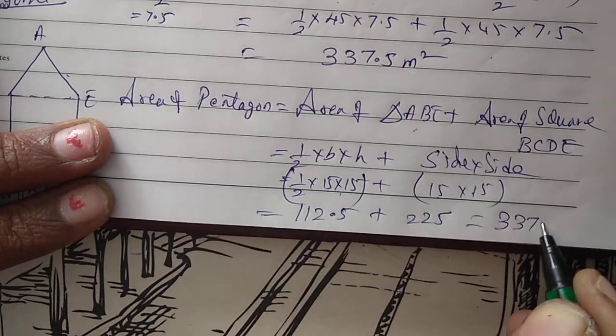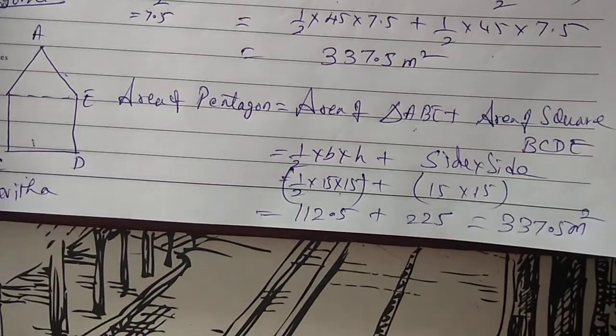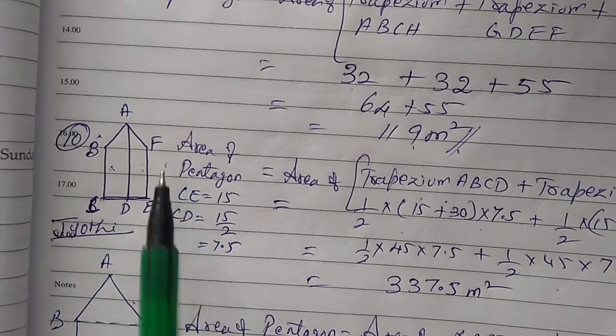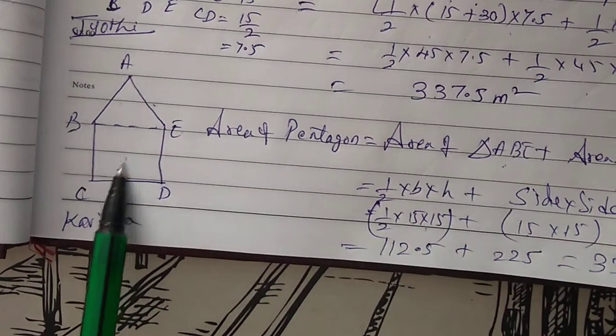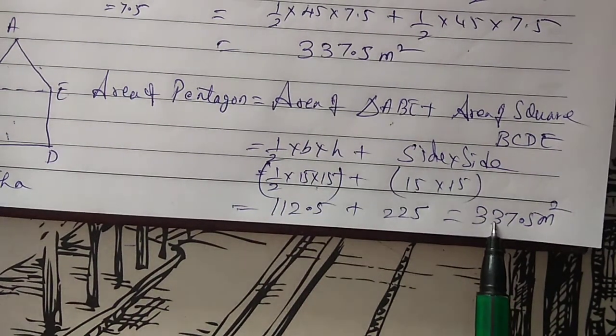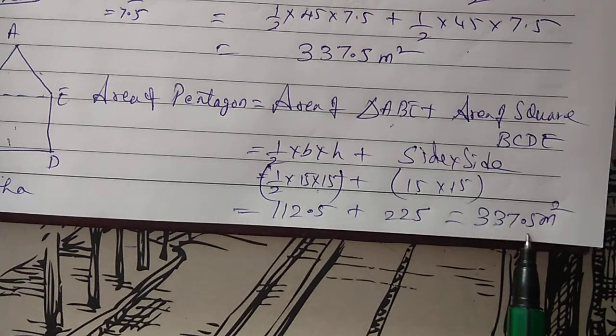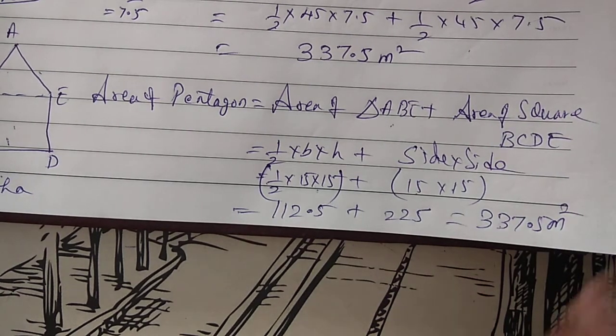So both, whether you split it into two trapezium or one triangle and one square, we are getting the same answer. So we have found the area of pentagon as 337.5 meter square. But our question is, are you able to find any other way?